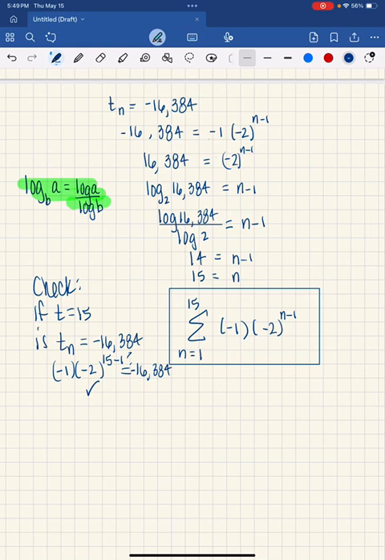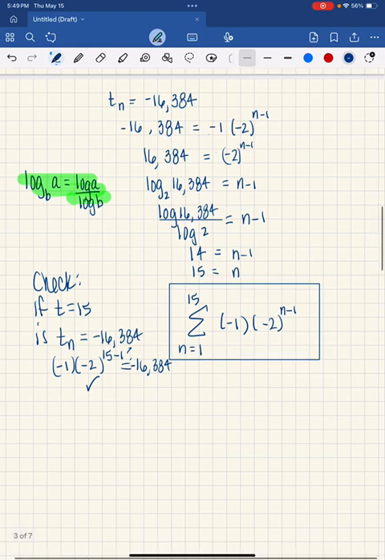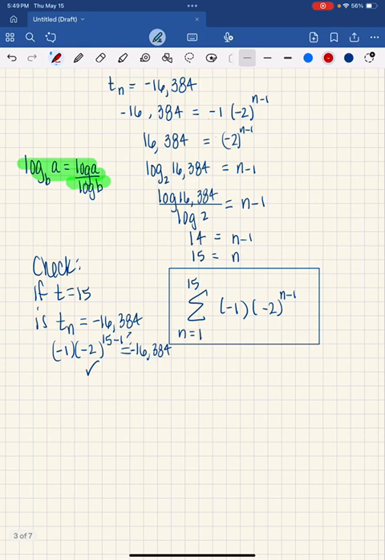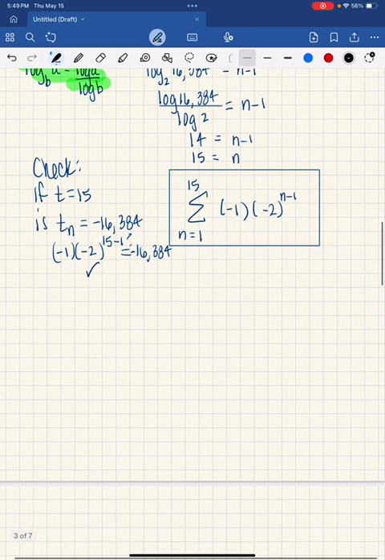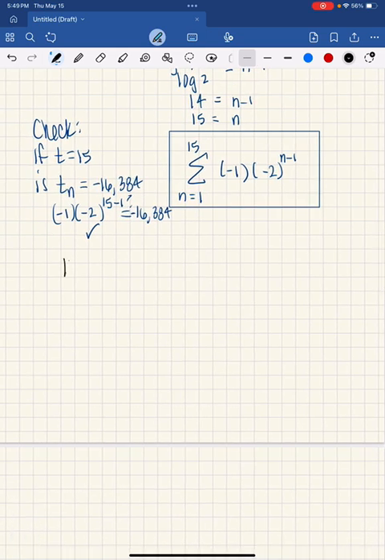That is your intro to series. Okay, so now I'm going to move on to specifically arithmetic series. Arithmetic is addition and subtraction, a sequence created by addition and subtraction.